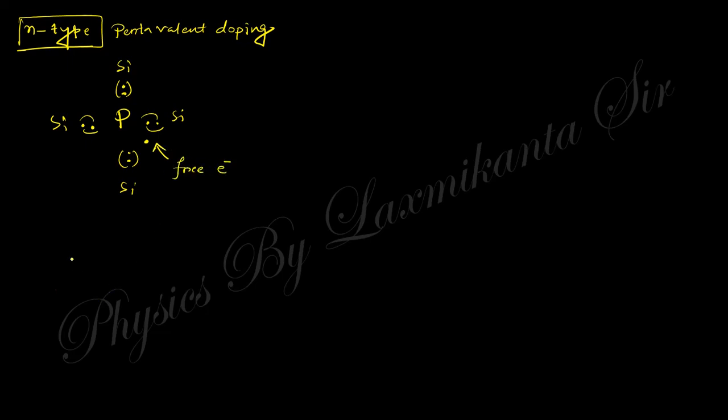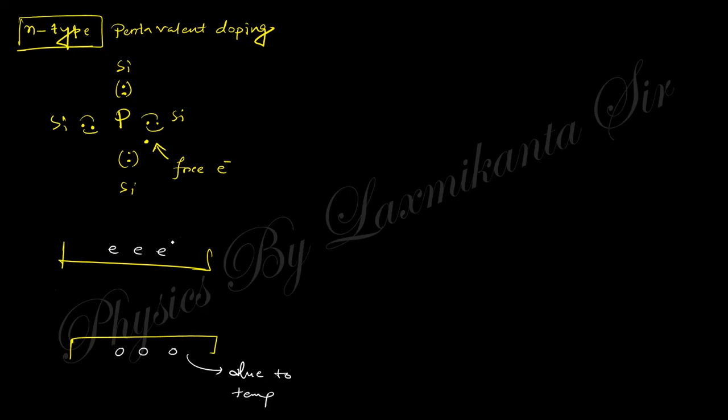So in the band diagram, you can say there are holes and electrons created here due to temperature, and now these free electrons are made from the doping.